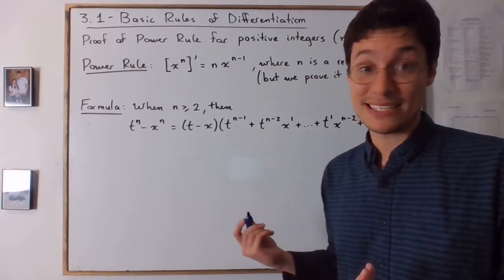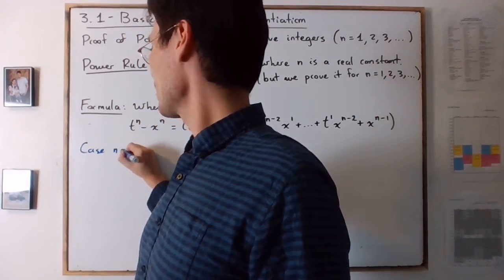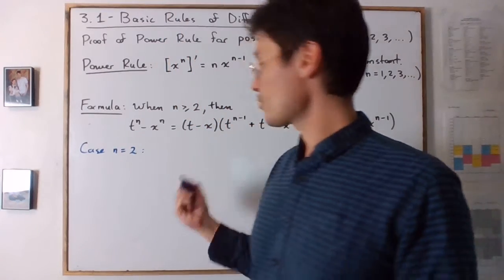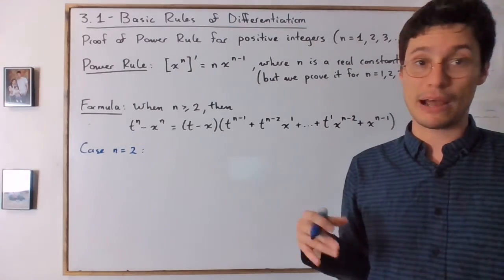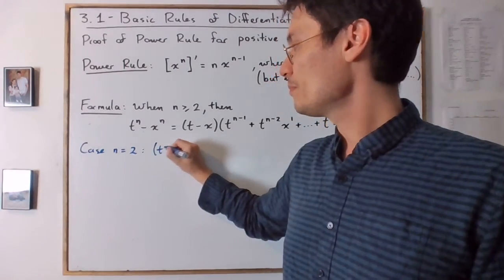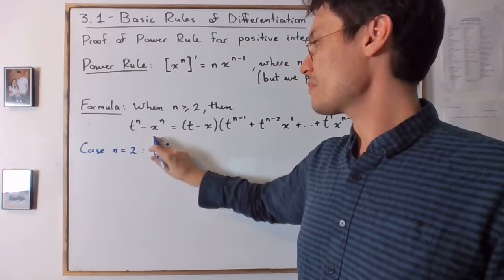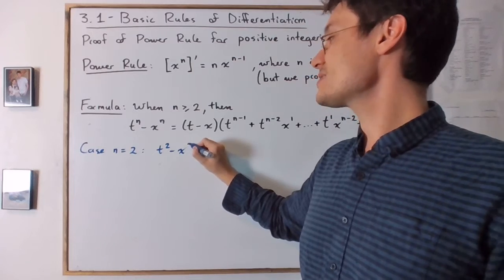Let's have a look at the cases, okay? As I said, I'm not going to prove this formula, but I'm just going to justify it for a couple of values of n. I'm going to do it with 2, 3, 4. So for the case n equals 2, t squared minus x squared, you know this formula already.